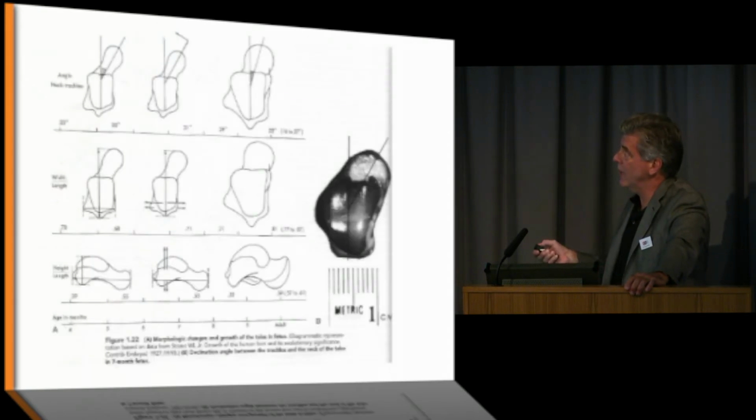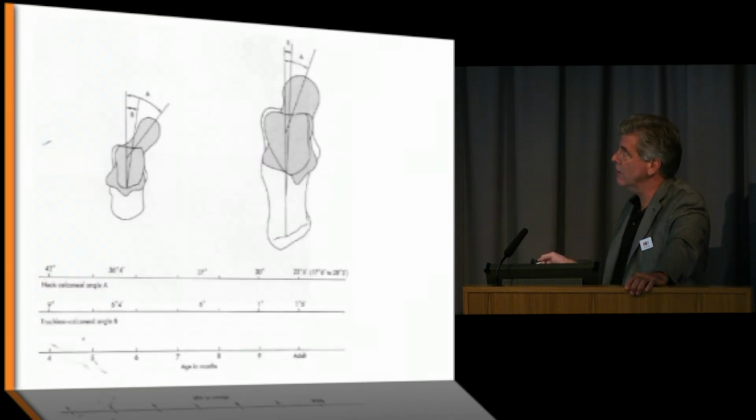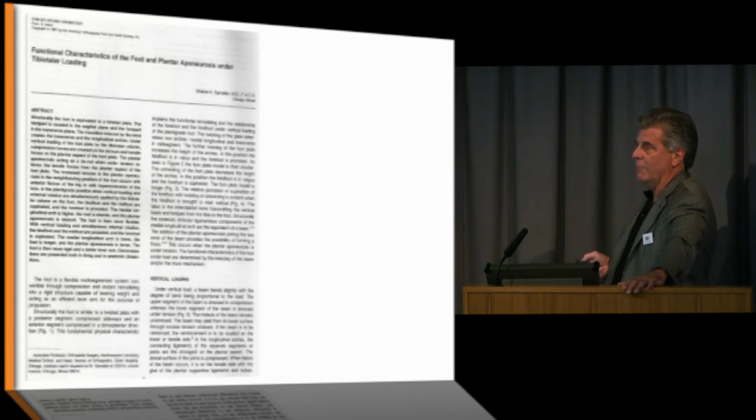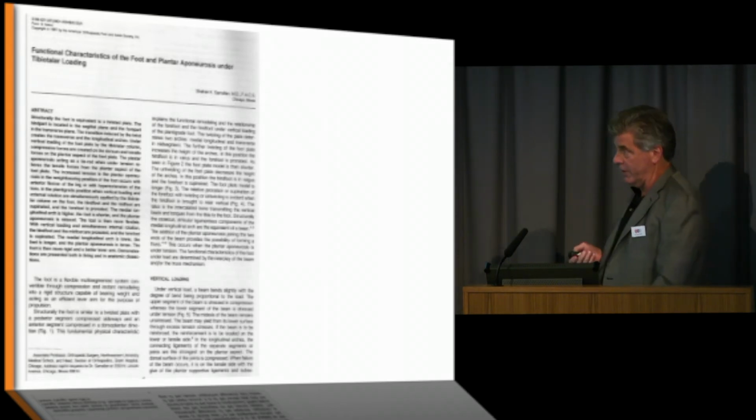Also, interestingly, the head and neck of the talus rotate from an adducted position to an abducted position. Okay? This is all from Lewis. And we're going to come back to Serafian now and make this somewhat clinically relevant. Okay?